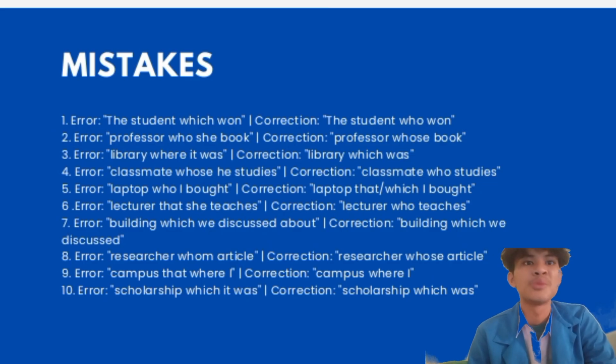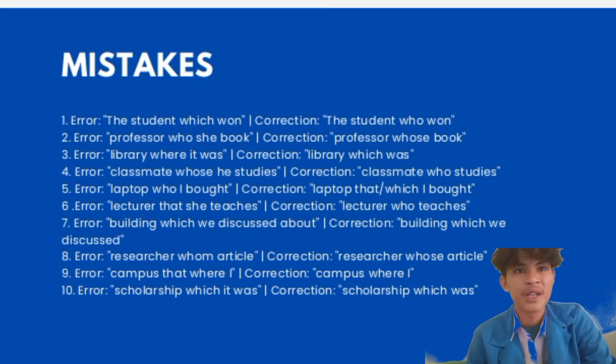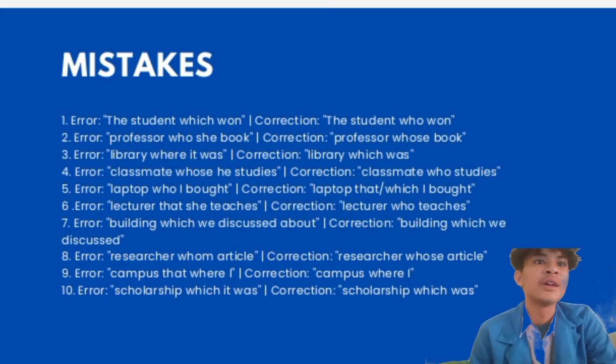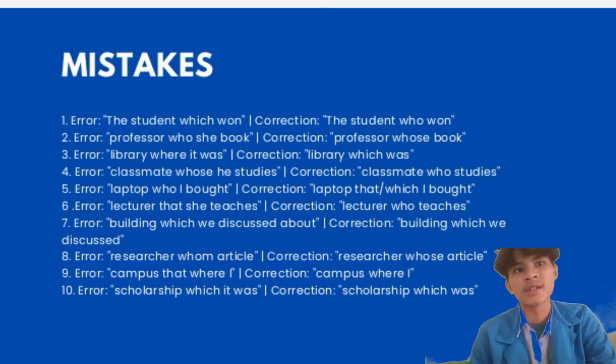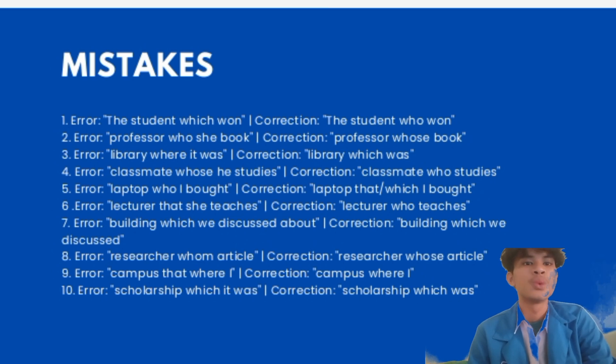It seems like number 2. On number 9, campus that where I. The correction, campus where I. That is like an additional 2 cents. And then number 10, scholarship which it was. The correction, scholarship which was.